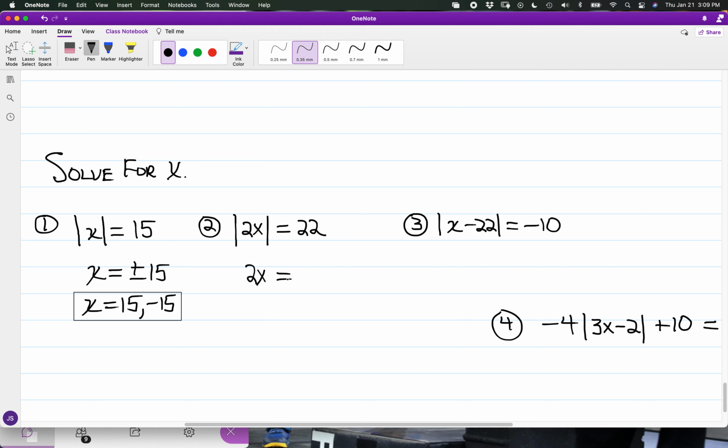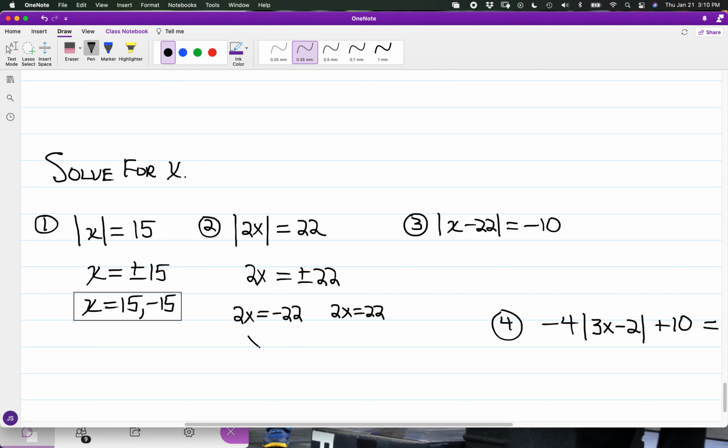And values that are 22 units away from 0 are 22 as well as -22. So looking at the values of x that will ensure that 2 times x is 22 units away from 0, at the lower end we have 2x is equal to -22, and at the upper end we have 2x is equal to 22.